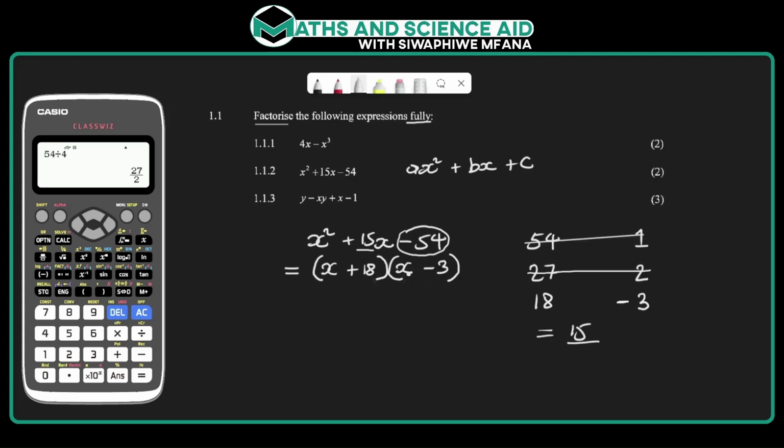And even here, whether you put the negative 3 into the first bracket and the 18 into the second bracket does not matter. So this would be the factorized form of this quadratic expression. You can check whether this is correct by expanding your brackets and seeing if you get your original expression back.